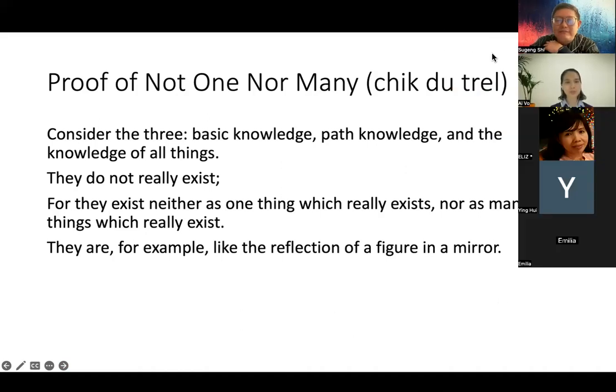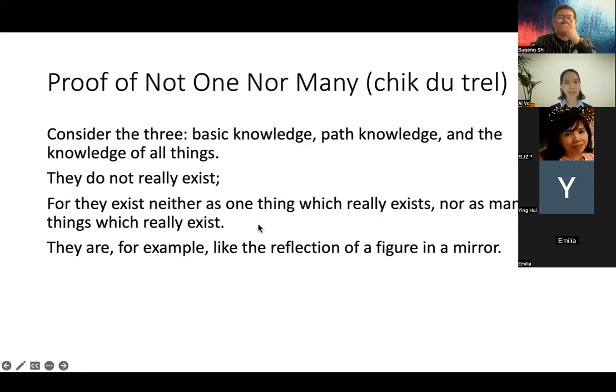Consider the three, which are the basic knowledge, the path knowledge, and the omniscience. They do not really exist because they exist neither as one thing which really exists, nor as many things which really exist.